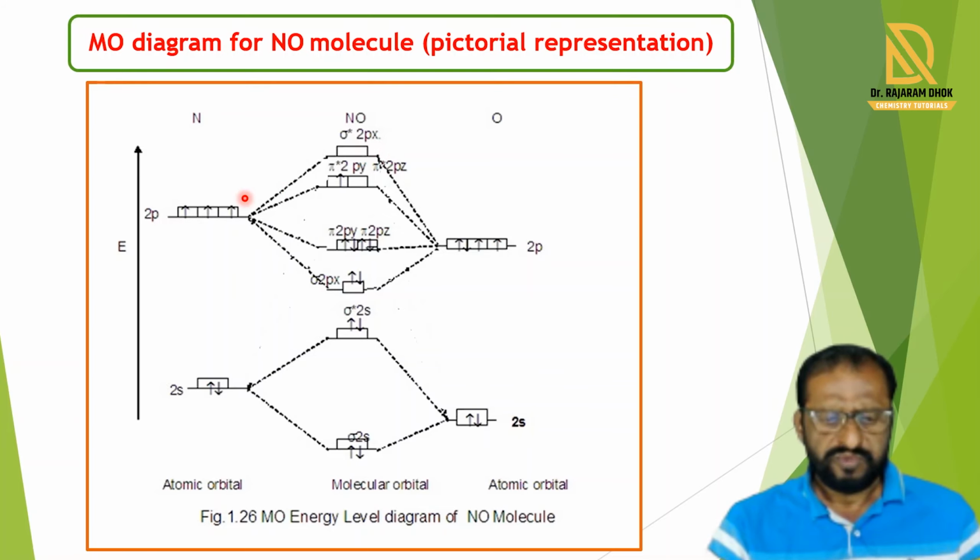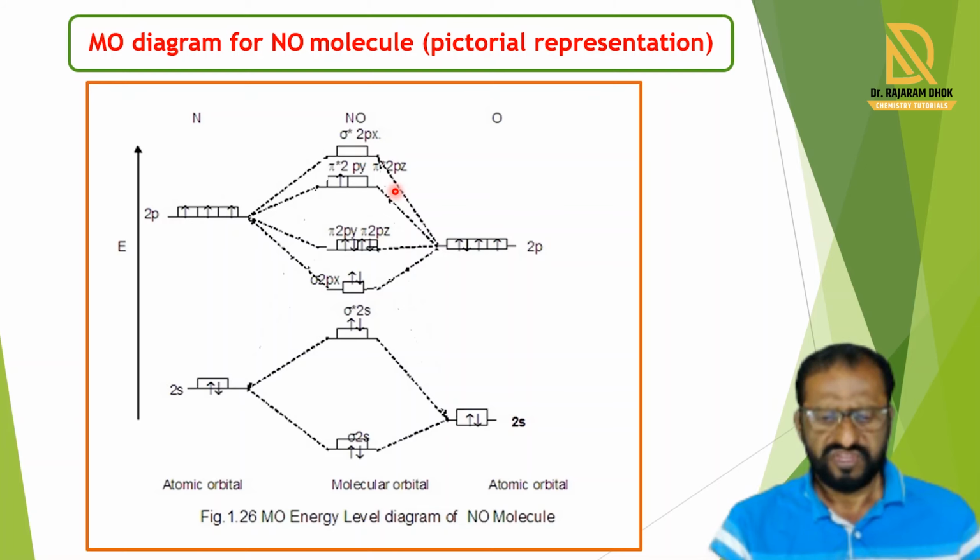Then the 2py atomic orbital of nitrogen and the 2py atomic orbital of oxygen, when their wave functions are different, form the pi star 2py molecular orbital. Then the 2pz atomic orbital of nitrogen and the 2pz atomic orbital of oxygen, when the wave functions are different, form the pi star 2pz molecular orbital.